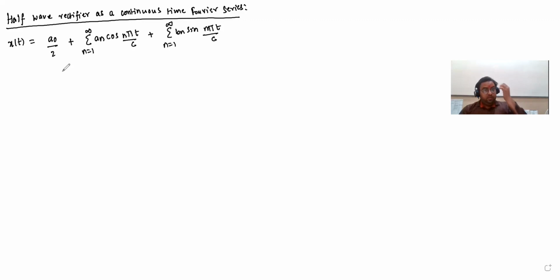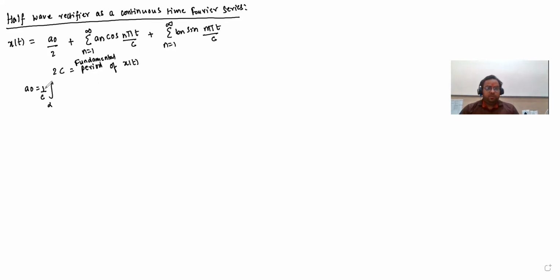Here 2c is the fundamental period of x of t.